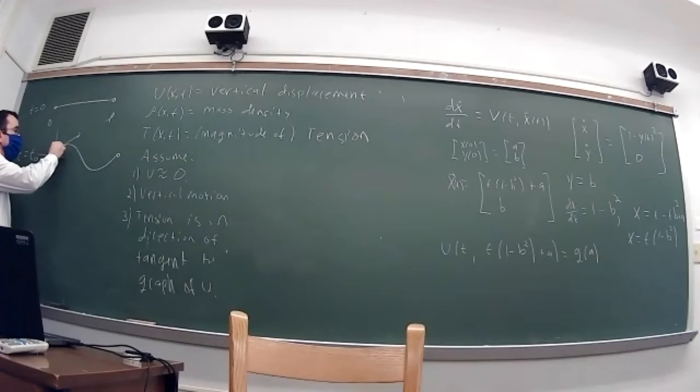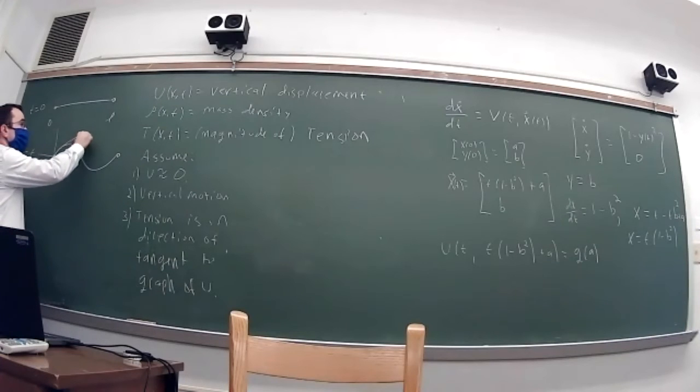And at any point, you can look at the horizontal part and the vertical part of the tangent line. And the angle theta made with the tangent vector and the horizontal, we'll call that theta, and that's going to depend on x, on where you are.